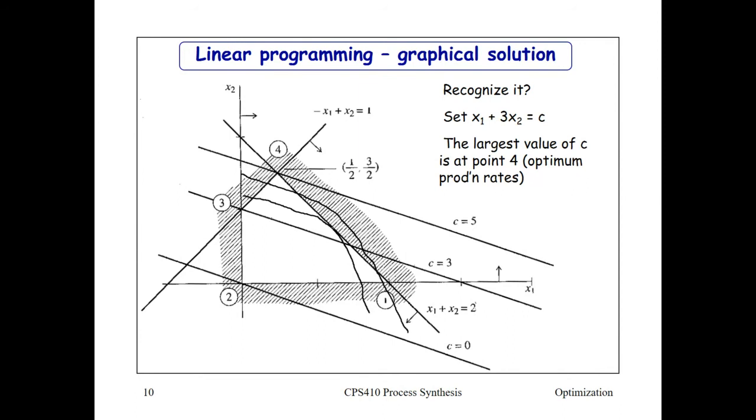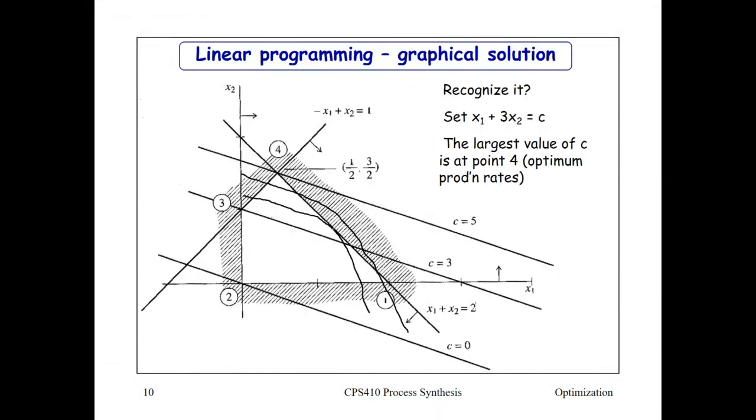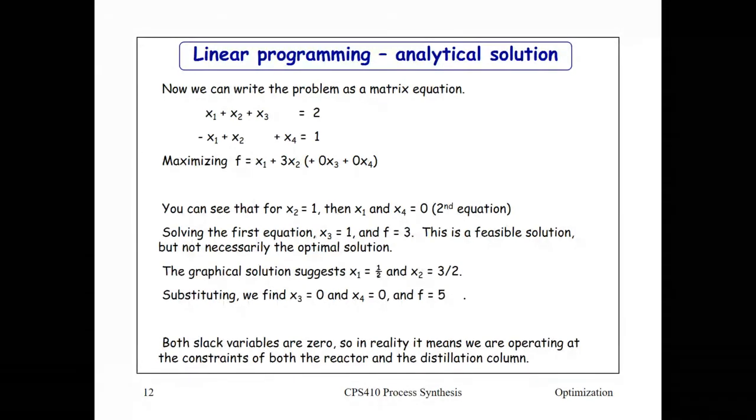So it may be that the optimum lies somewhere along a straight line, because your objective function is not linear, and essentially that's what's happening. If it was a quadratic objective function, then you have more possibilities. It's not just the nodes that are possibilities for an optimum.